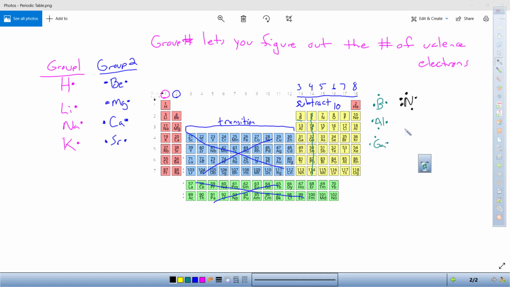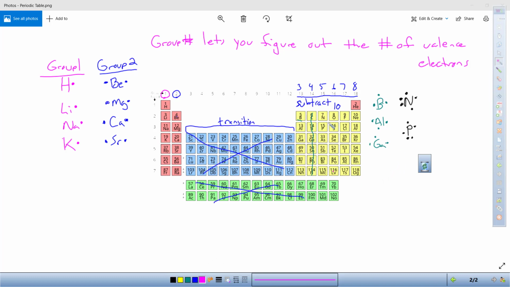It does not matter where, as long as you have 5 dots. We'll try to keep it, well, we will keep it 2 maximum per side. All right, so phosphorus, group 15, subtract 10. I'm in group 5. So phosphorus, I'm going to go 1, 2, 3, 4. Let's put the 5th one over there. There's phosphorus.